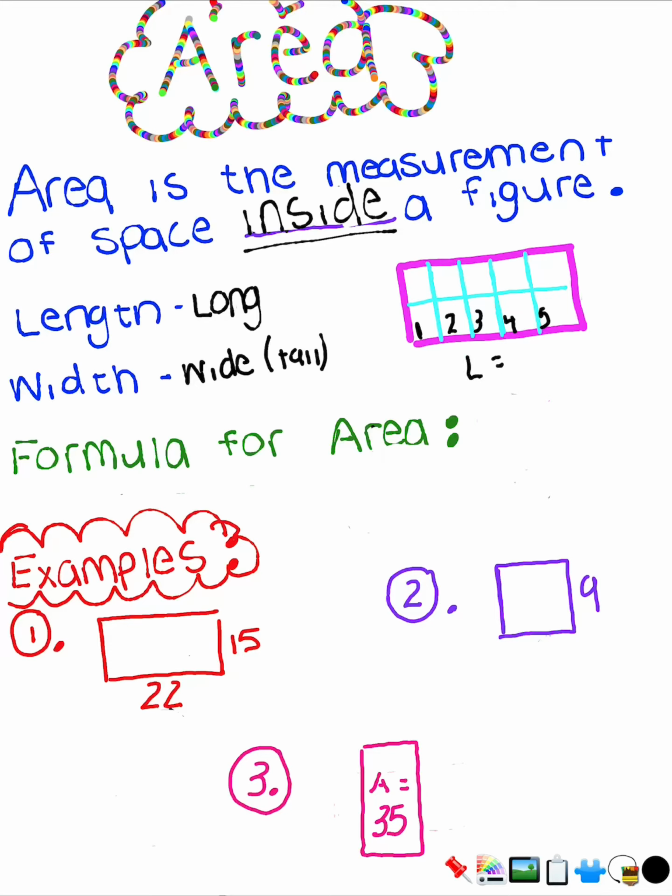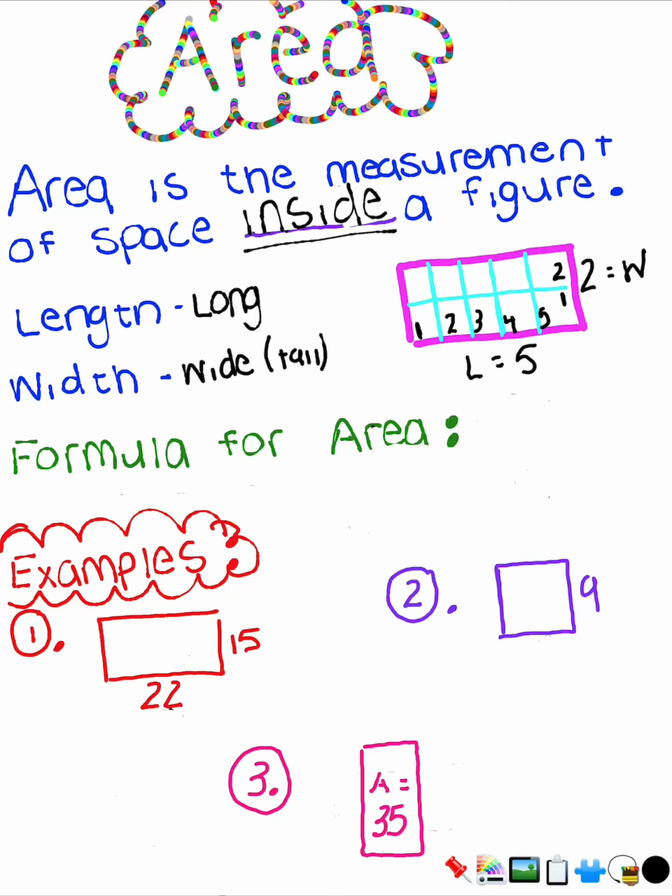So our length is equal to 5. And let's see what our width would be. How tall it is. 1, 2. It is 2 squares wide. So now I have found the length and width for this rectangle.